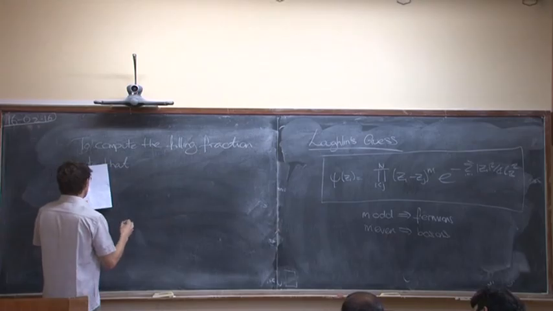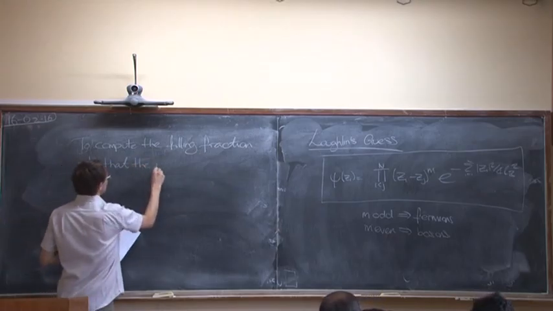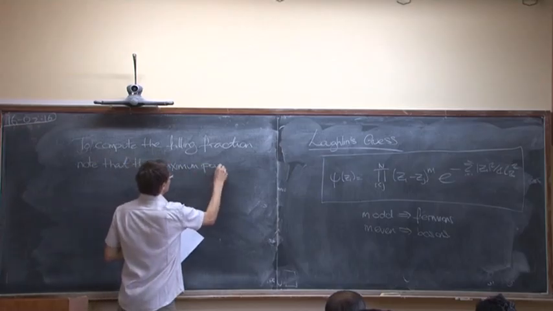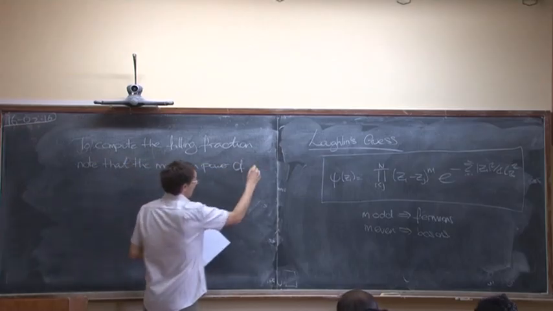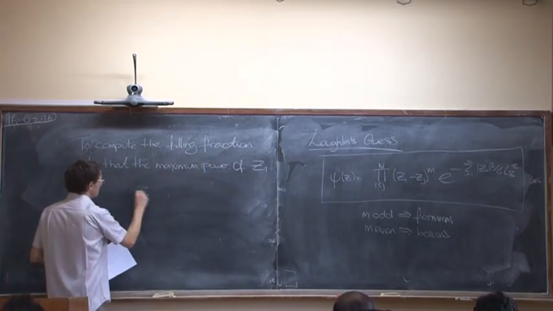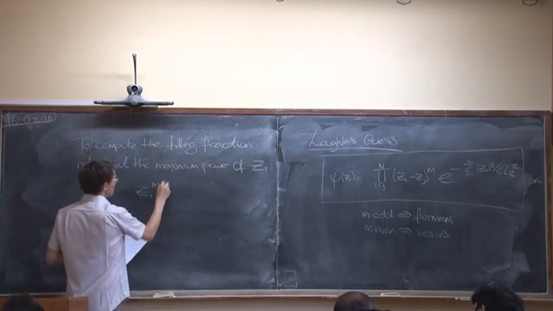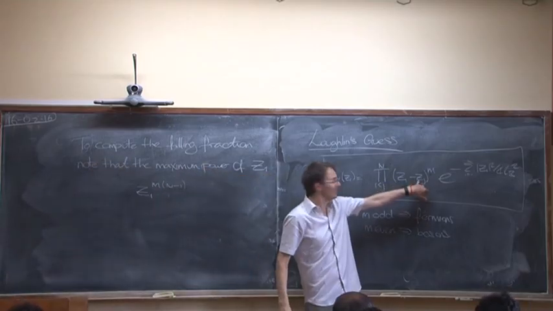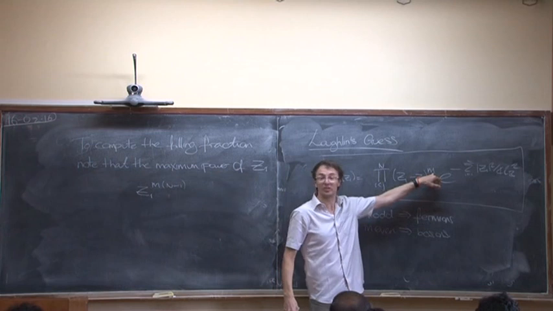Note that the maximum power of any position, but let's say z1, is z1 to the power m times N minus 1. z1 can multiply the N minus 1 other particles, each raised to the power m.